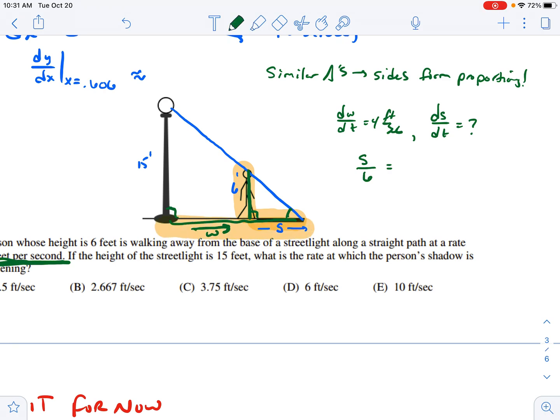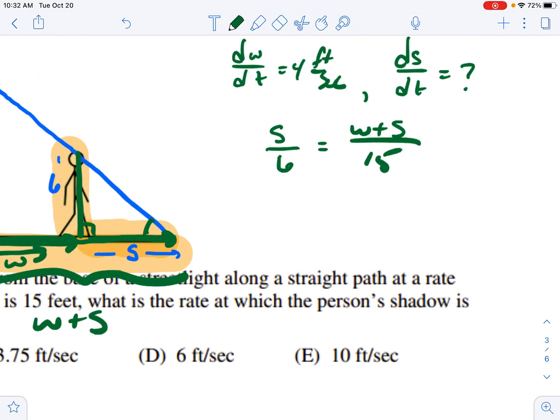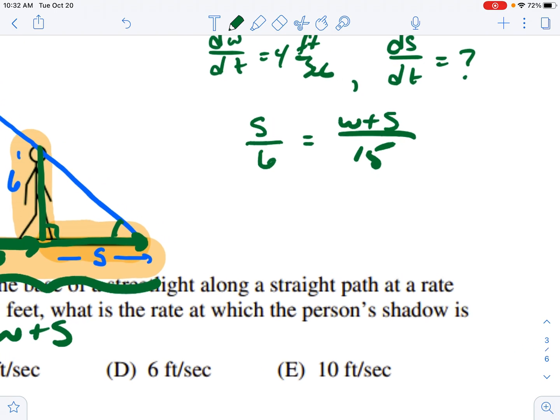You got to be careful here. W is what I'm calling the walking distance. That's behind the person. S is in front of the person. What's this whole length going to be then? W plus S. Over its side, 15. And so what we just did was set up proportions. Bottom over side equals bottom over side. Okay? And now we can take derivatives.